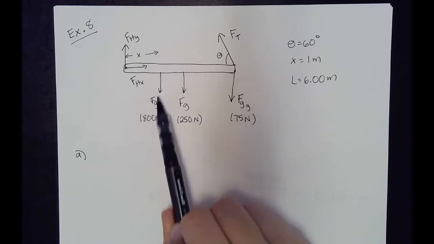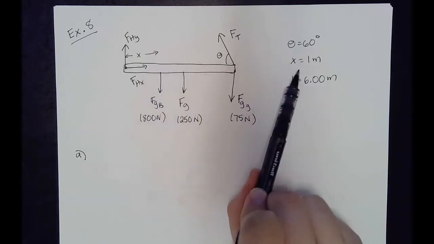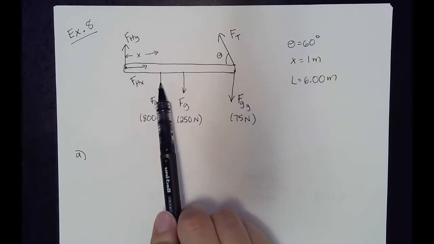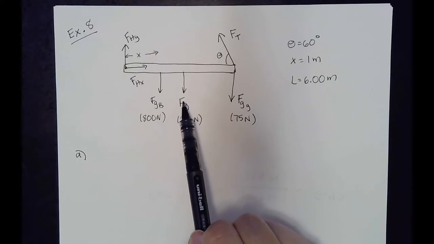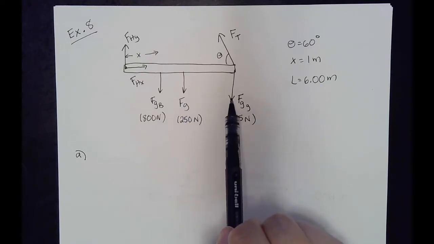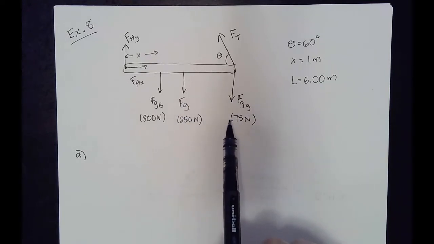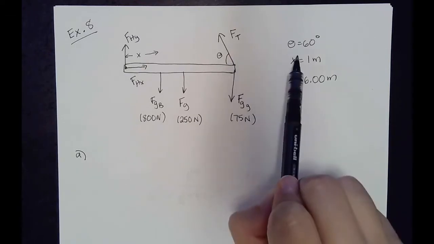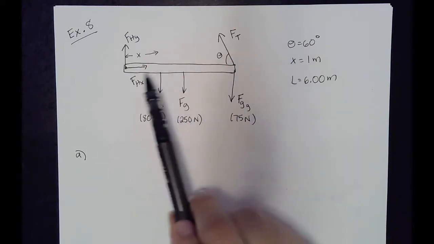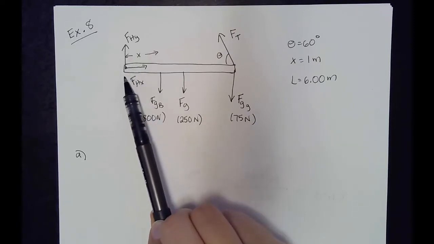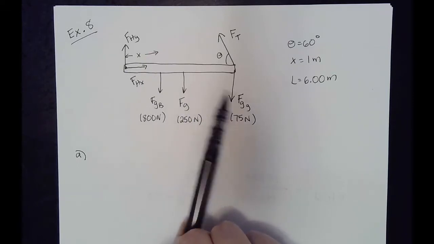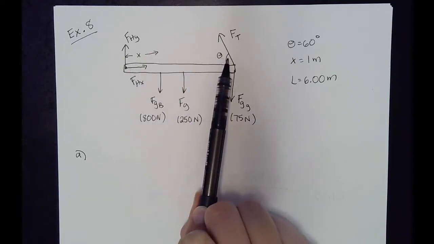So I have the weight of the bear at a distance x, which is 1 meter from the hinge, the weight of the beam, which is 250 newtons, in the center of the beam, and then the weight of the goodies at the end of the beam. The tension in the string is here at an angle of 60 degrees, and then we have 2 components of the force at the hinge. So the y component of the force will hold this up. We have all 3 weights here that are supported by the hinge and the tension.